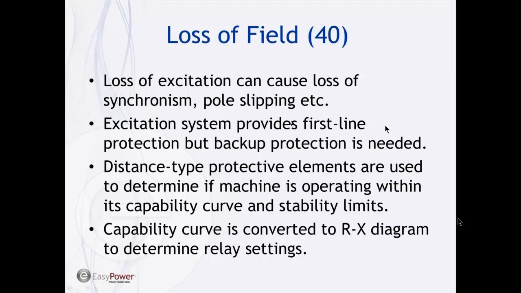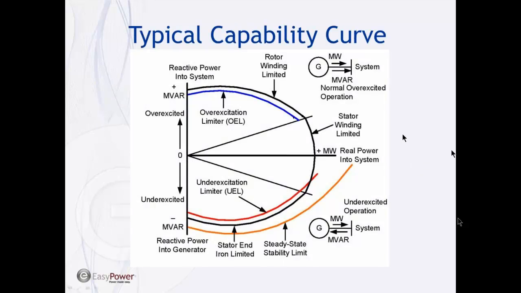So let's take a look at just a typical generator capability curve. The vertical axis here is the reactive power, and the horizontal axis is the real power. So we're just sticking to these two quadrants. We're not looking at this side, which is when the generator is motoring or reverse power.